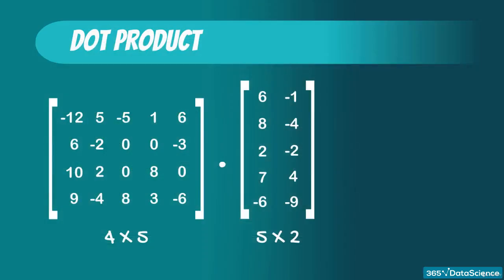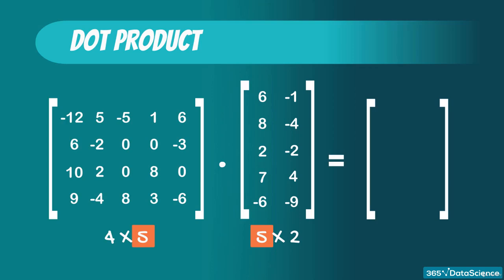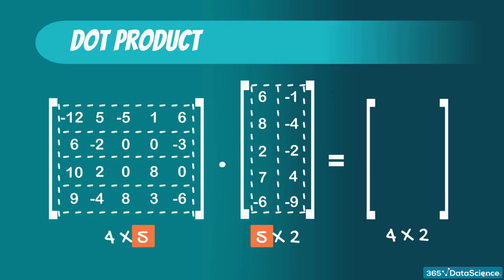First things first, are the matrices compatible? Yes, they are. Second, what will the shape of the output matrix be? Of course, 4 by 2. Next, let's divide the first matrix into row vectors and the second matrix into column vectors. There is a total of 4 row vectors and 2 column vectors.